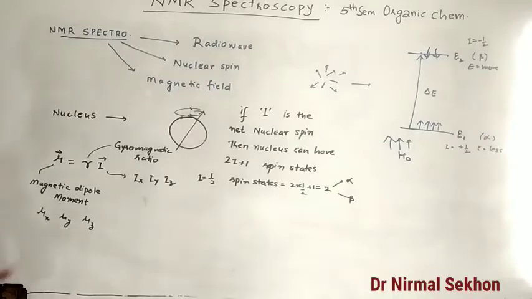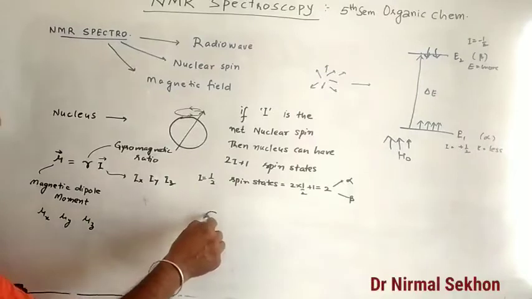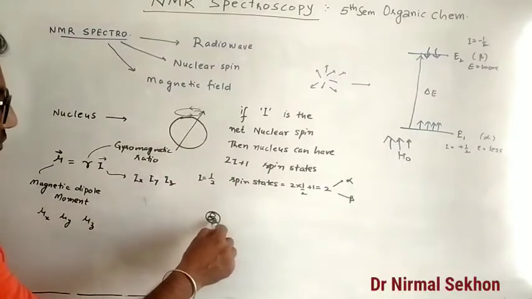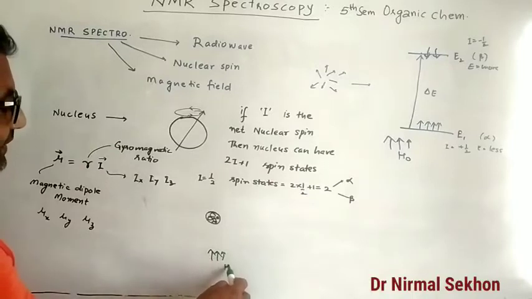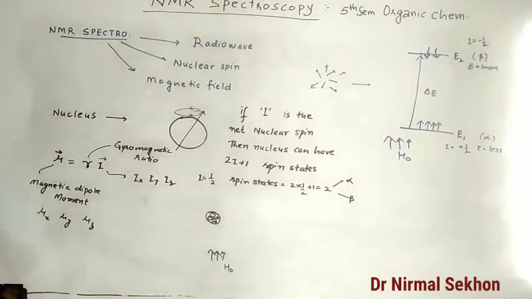So we can write mu like this, because suppose here is the nucleus which contains protons and neutrons, and when we apply an external magnetic field, we can apply it along one direction, either along the x-axis, y-axis or z-axis, because it is a vector quantity.